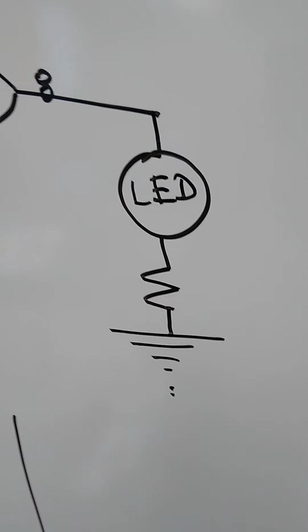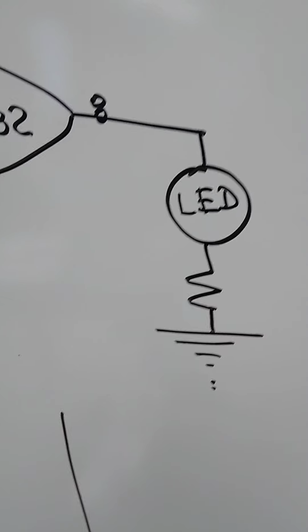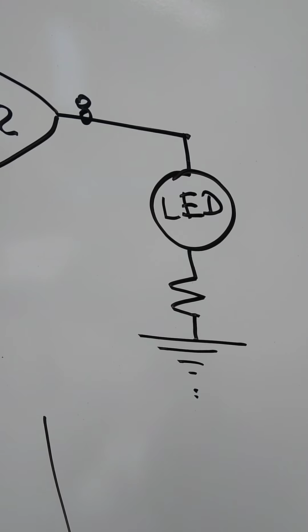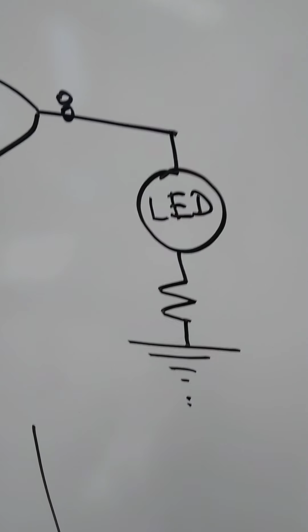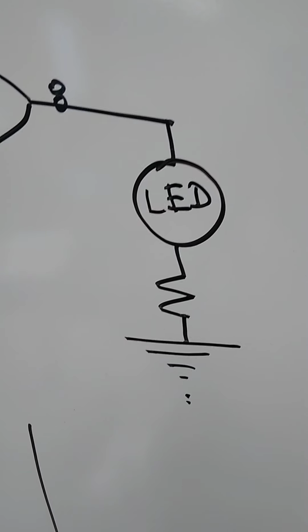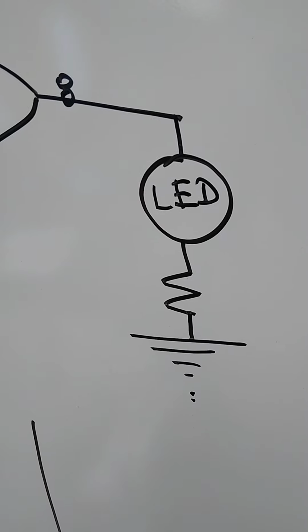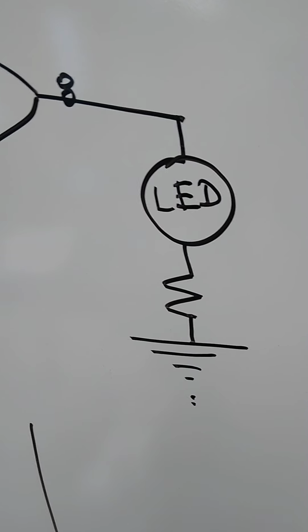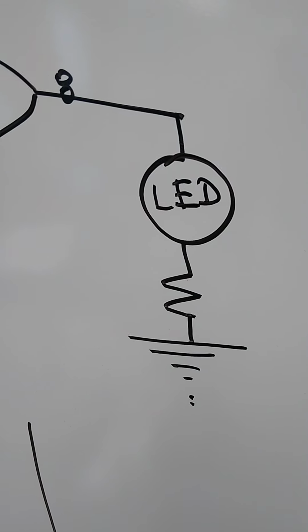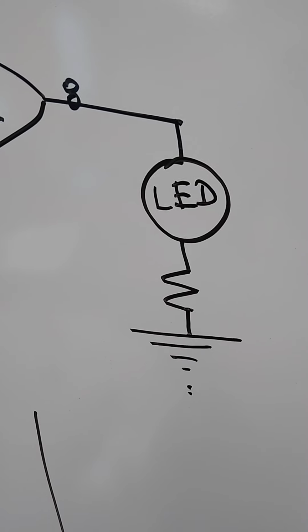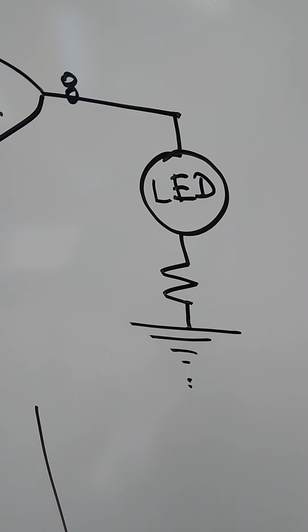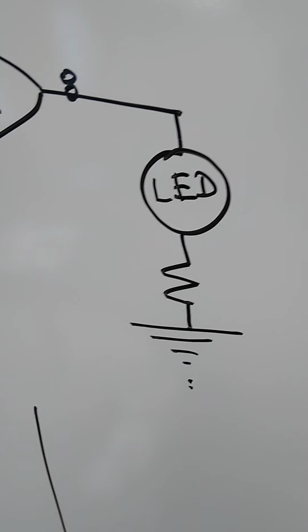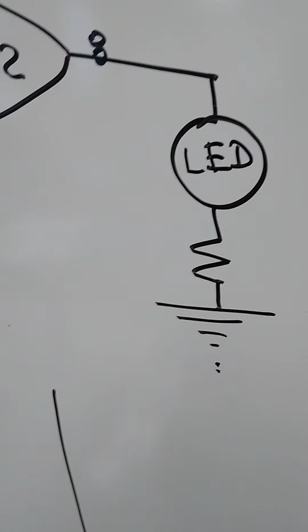The idea in using the LED is for us to check when the LED goes on, it means that we have an output. When the LED stays not on, we are going to have no signal for the experiment. Okay?